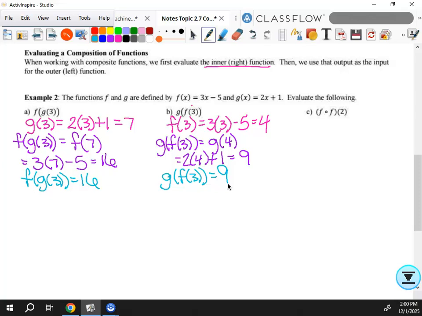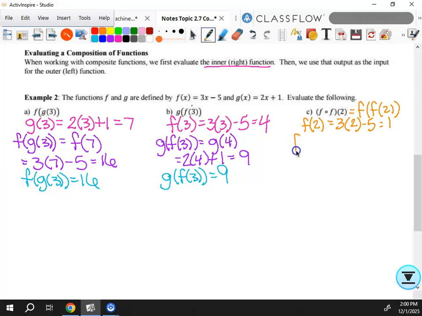Okay, so then we're going to find f of f of 2. I'm going to rewrite that as f of f of 2. Okay, sometimes you substitute it back into the same function. That's a possibility. So we're going to start with f of 2. It gives me 3 times 2 minus 5, which is 1.